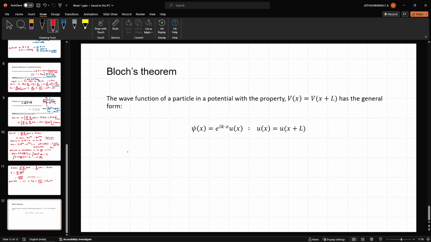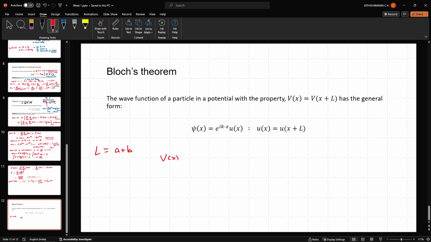So let us consider a potential of the form, essentially a periodic potential, where L is equal to A plus B, and V of x is defined as follows.